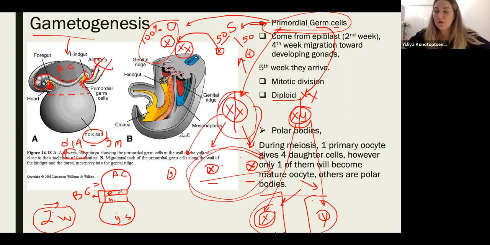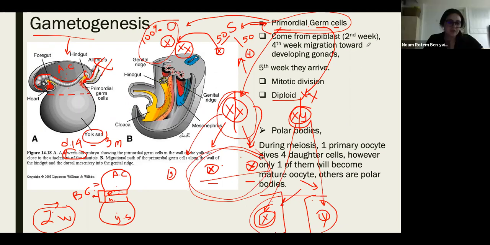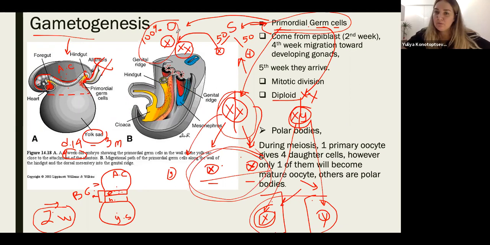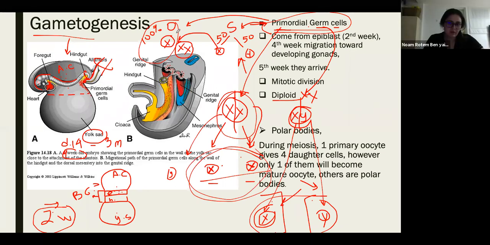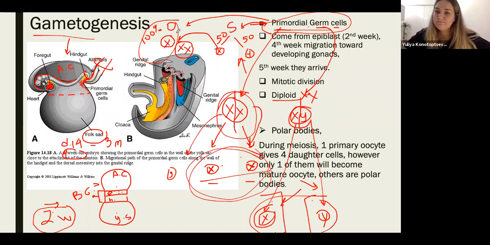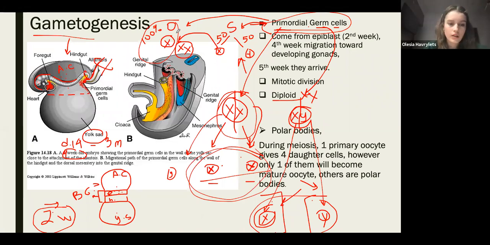Which kind of gametes do you know? Oocyte and spermatozoa. Are they haploid or diploid? They're haploid. Which chromosomes are in the oocyte? XX. But they're haploid.